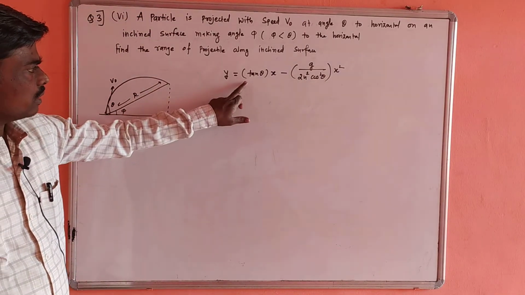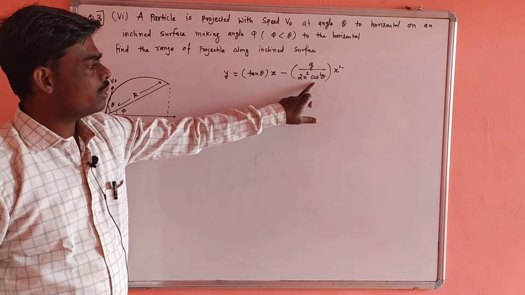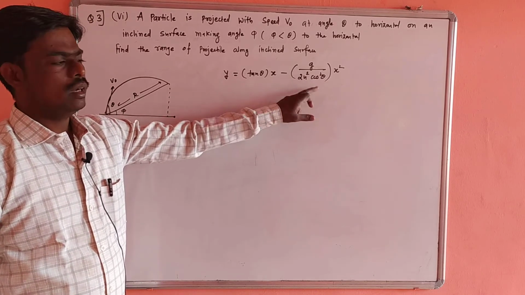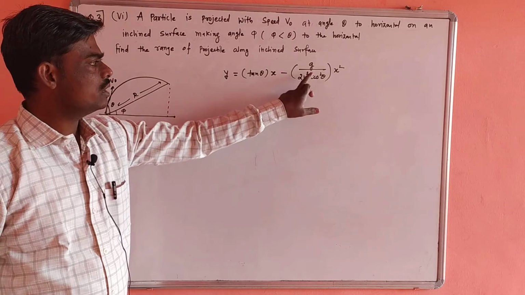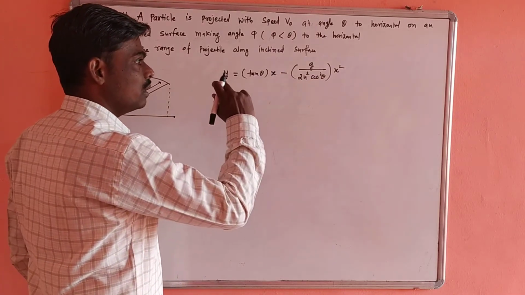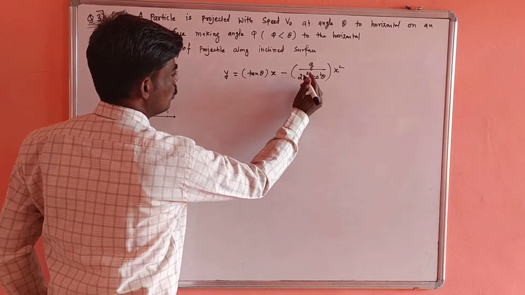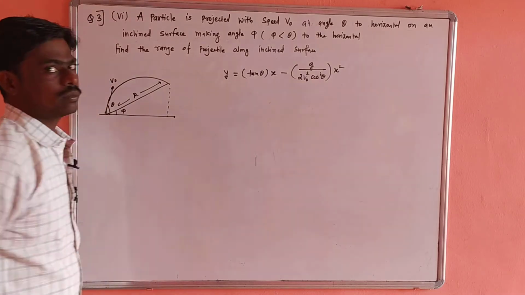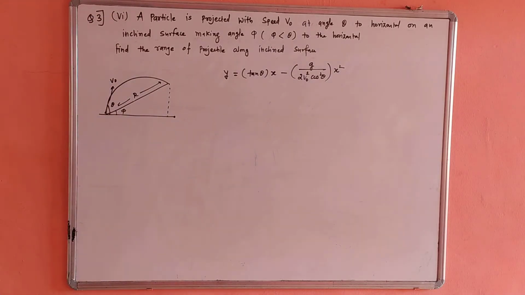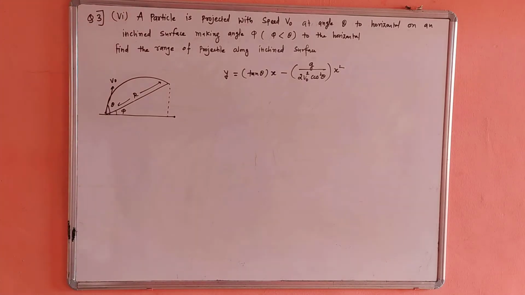Remember this equation: the first bracket represents alpha and the second bracket represents beta. Alpha is tan theta and beta is g upon 2u square cos square theta. Here u is velocity. In the problem the velocity is given as v0, therefore the term becomes 2v0 square cos square theta, outside the bracket x square.